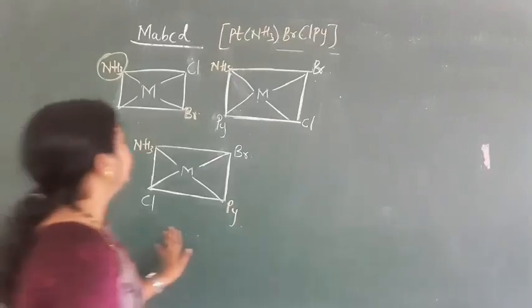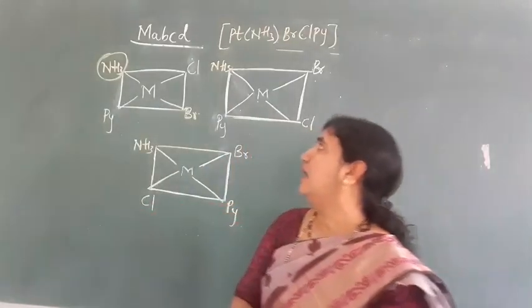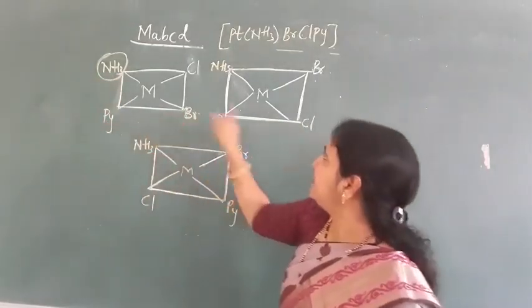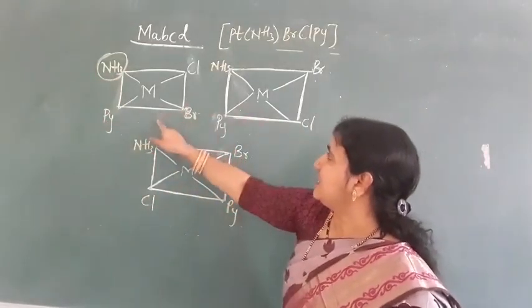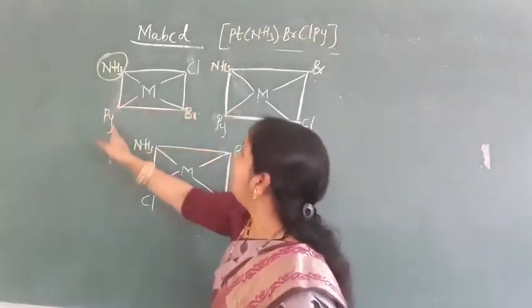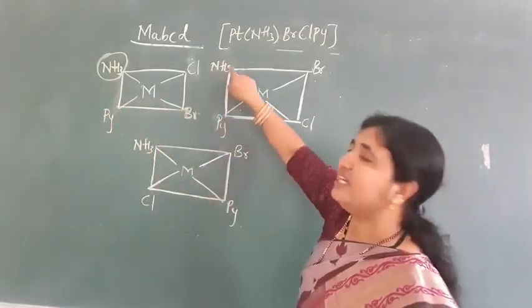In this, with respect to the ammine and pyridine, NH3 and Py, the first and second structures are cis isomers. NH3 and Py are both in cis position.